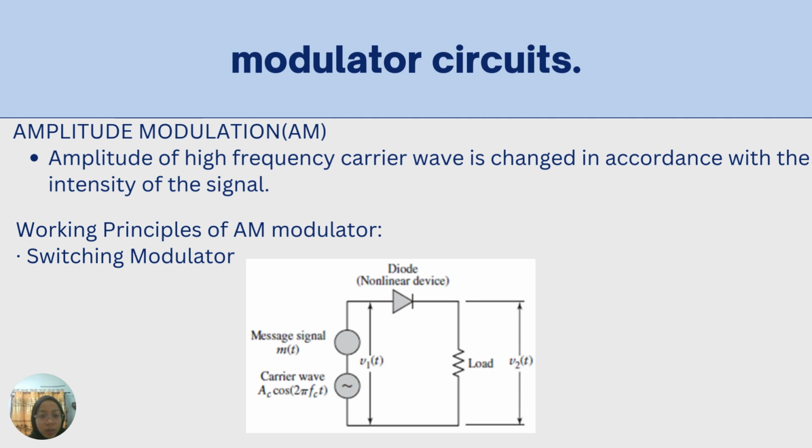The figure here shows a switching modulator which contains a carrier signal that is connected in series with the message signal, then connected with a diode in series, and there will be a generation of one signal that is V2. If V2 passes through the band pass filter, then the amplitude modulated signal is formed.